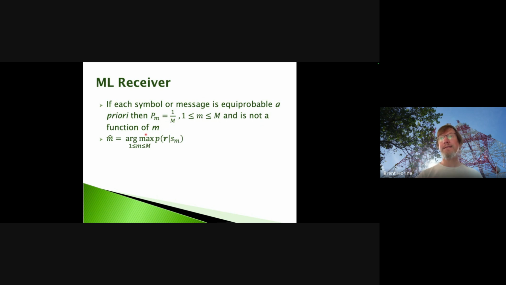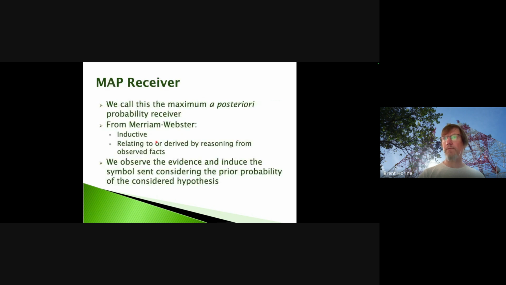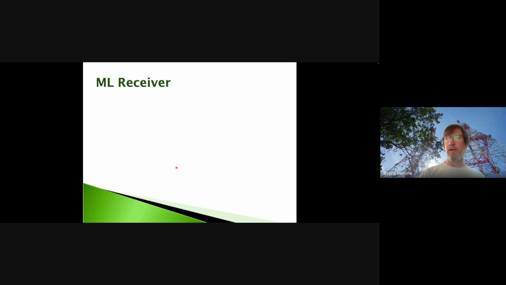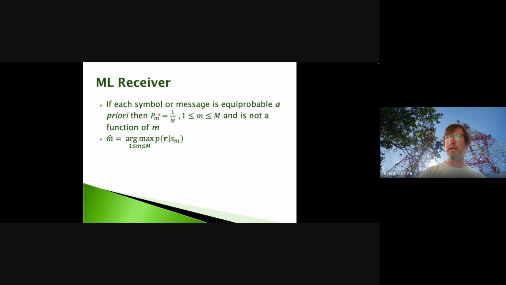If that's the case, then we can actually drop out that piece of m, right? So if we look at this equation here, we've got p sub m times this p of receiving r given that SM was sent, right? And so now p sub m is equal to 1 over M. This capital M is not a function of the lowercase m, so it doesn't come into play in this argmax.